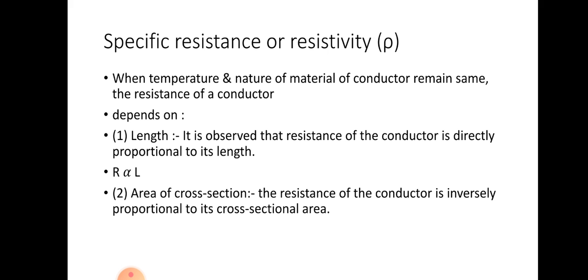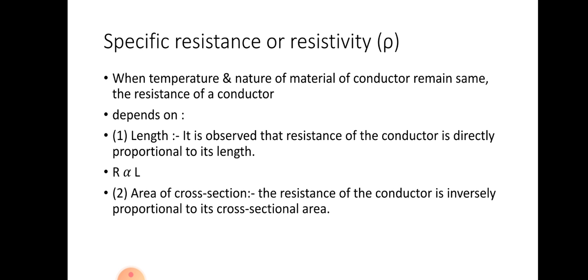We all know that this resistance depends on the dimensions of that conductor, as well as other factors like the temperature. Now, our today's topic is the specific resistance, also known as the resistivity. It measures the resistance of the conductor only.